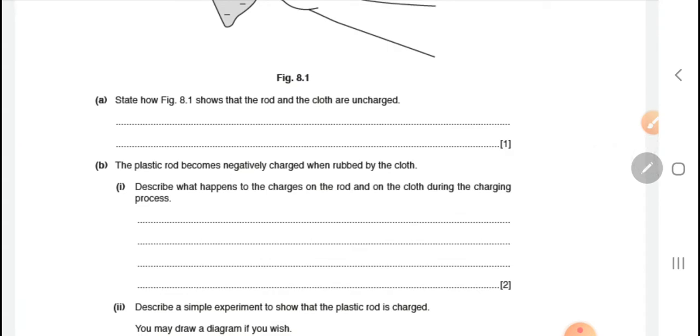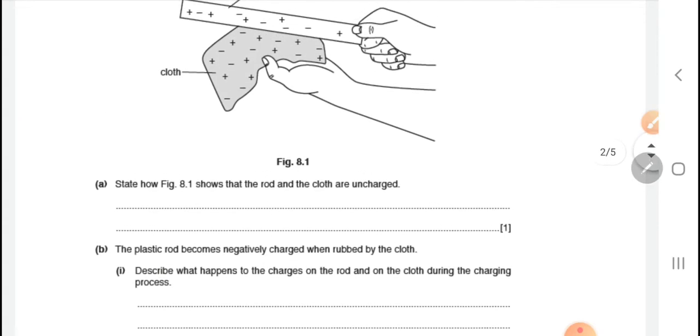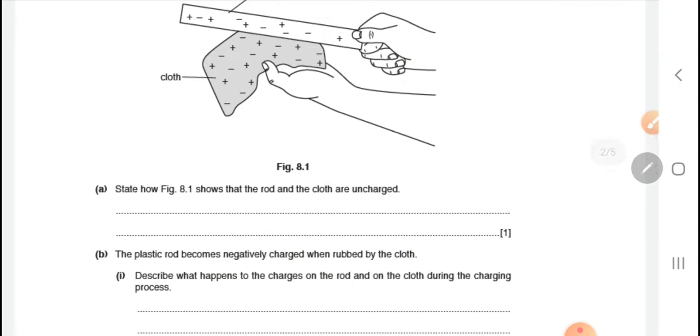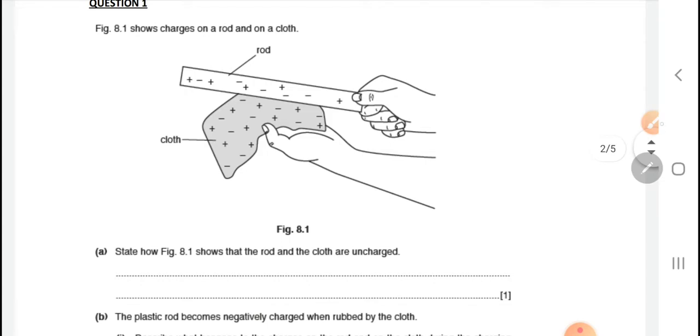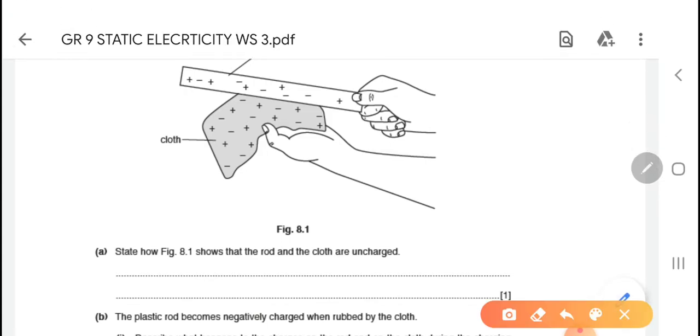Describe what happens to the charges on the rod and on the cloth during the charging process. The question said clearly that the rod becomes negatively charged. The rod will become a negatively charged object only when electrons transfer from the cloth to the rod.